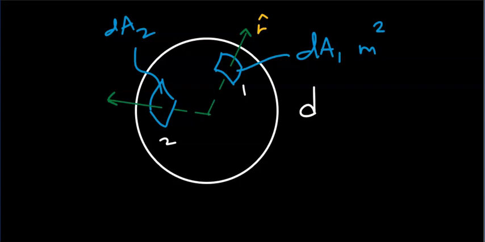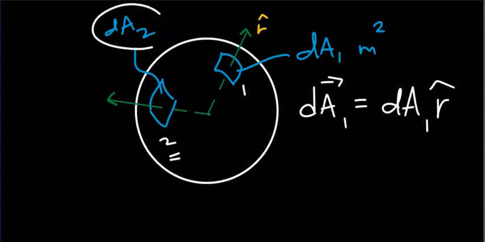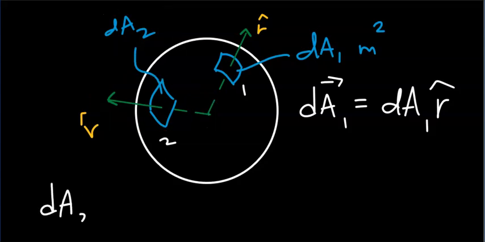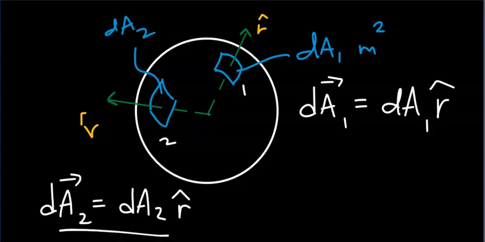So the area vector for surface 1 can simply be written as follows, like that. Now likewise for surface 2 with area dA2, the normal vector is represented by this green arrow, and we know since this is a sphere, the direction of that normal vector is also radial, r hat. So the area vector dA2 can be written in the following manner, and just like that.